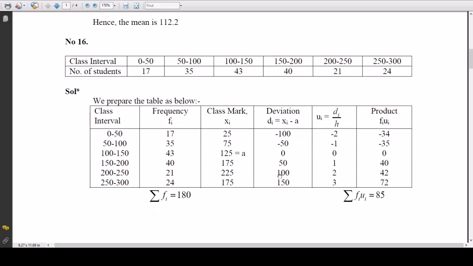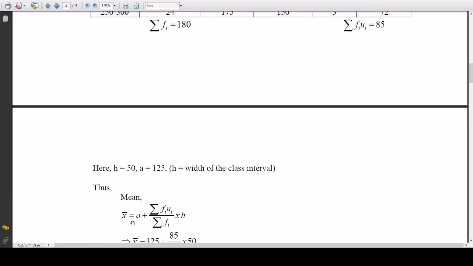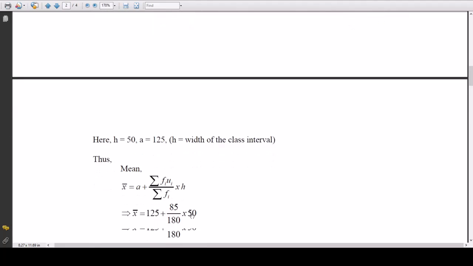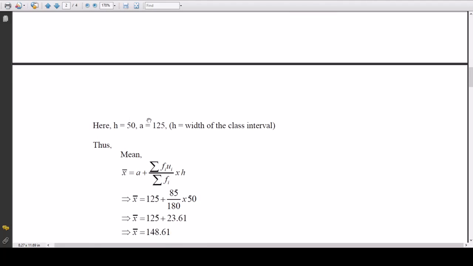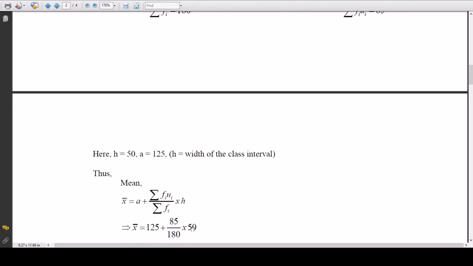Now for finding the mean, we'll use this formula. Mean is equal to A plus summation fiui by summation fi, multiplied by h. A, which we have taken to be 125, summation fiui is 85, and summation of fi is 180, multiplied by h, which is the width of class interval, 50.